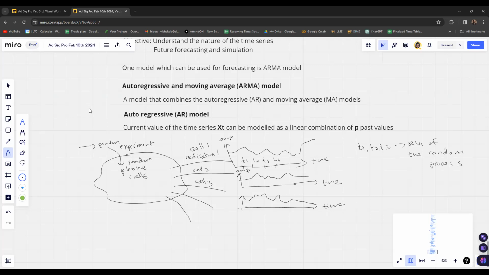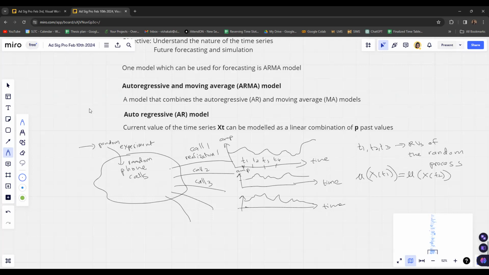Sometimes the statistics of the T1 time instance, like the mu value, can be equal to the mu value of the other time instance. That is the case where this random process is a stationary signal. Otherwise, if it is not a stationary process, then the mean that you obtain for a certain time instance can be different from the mean that you obtain for another time instance, T2. So T1, T2 can be two totally different random variables.